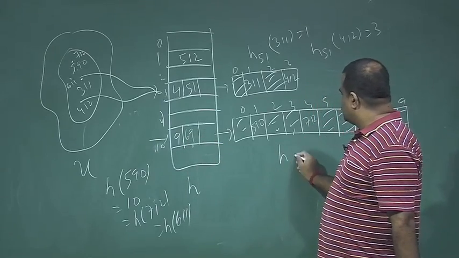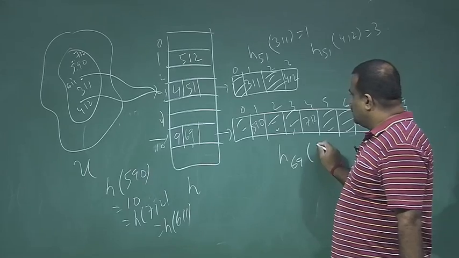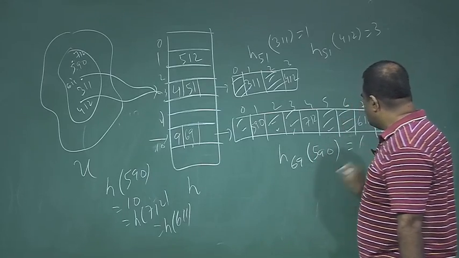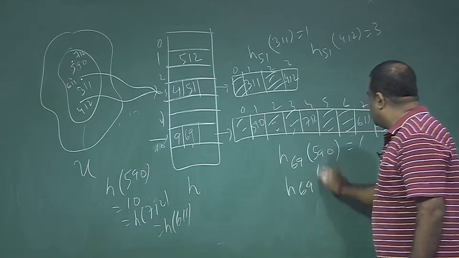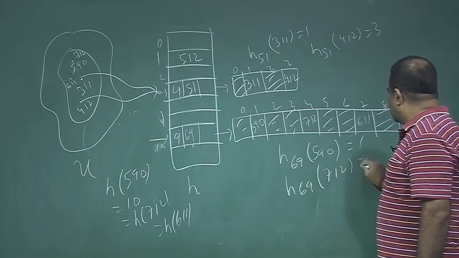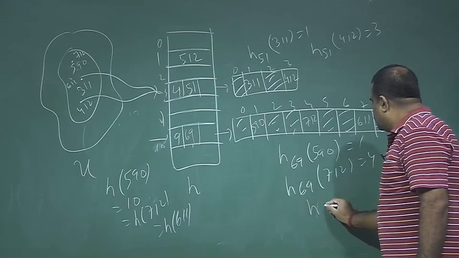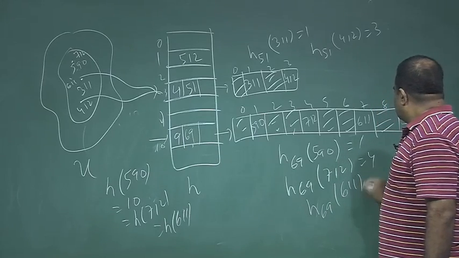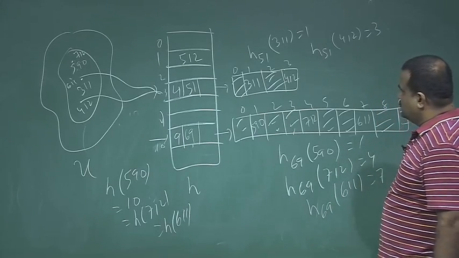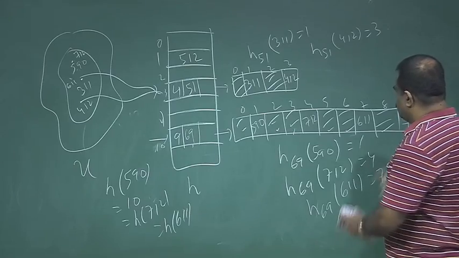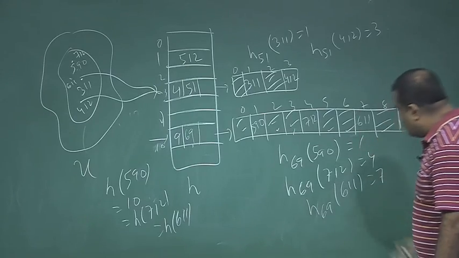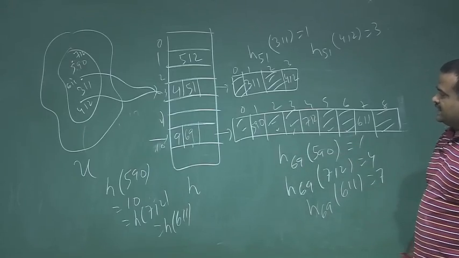So, h of 69, this is the a value, of 590 is 1, h of 69 of 712 is equal to 4, h of 69 of 611 is equal to 7. Sorry, 9 slots, so it should be 0 to 8, okay, 7. So, this is the way we do the second level hashing.